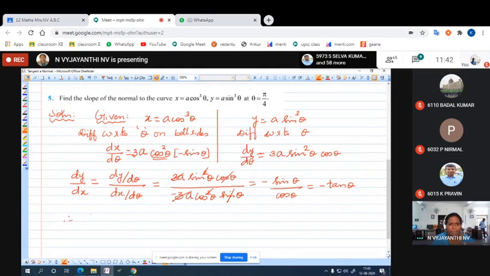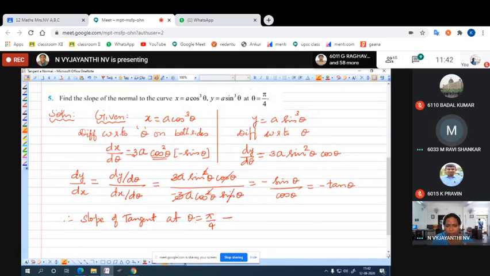But what is asked? Slope of normal at theta is equal to pi by 4. Slope of normal we know, but let us first find the slope of tangent at theta is equal to pi by 4. So we have minus tan pi by 4, that is minus 1, isn't it?